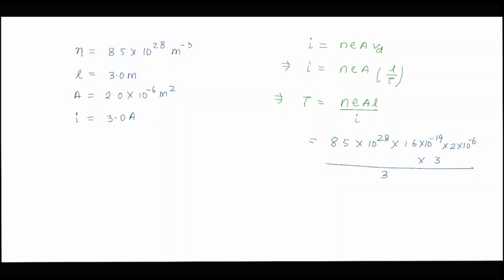So we can chop out the 3 and we will obtain the value of time, which is equal to 2.7 into 10 to the power 4 second. So this is going to be the answer for this particular problem.